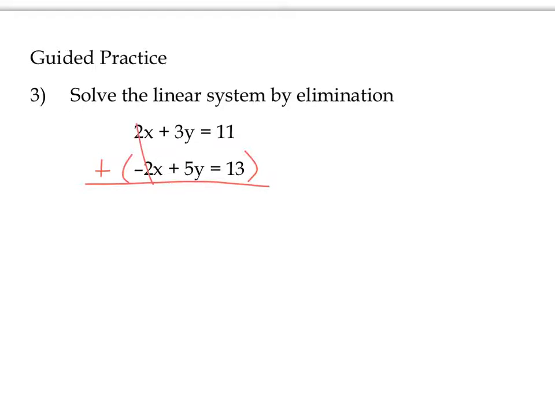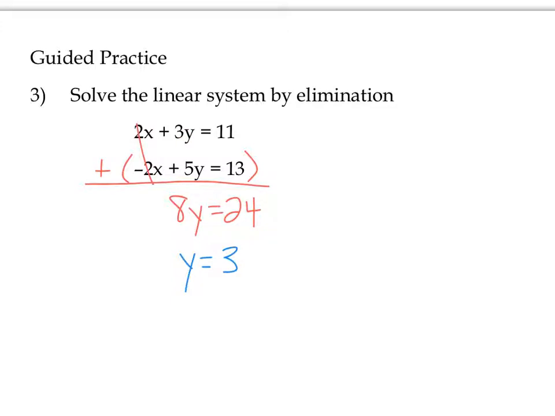And then I add 3 plus 5 is 8y equals 11 plus 13 is 24. By adding those and canceling out the x, we have a relatively straightforward equation we can solve for y. By dividing both sides by 8, we get y equals 3. And now I could take that y equals 3 and plug it into one of these two equations for y. I'm going to take the first equation.